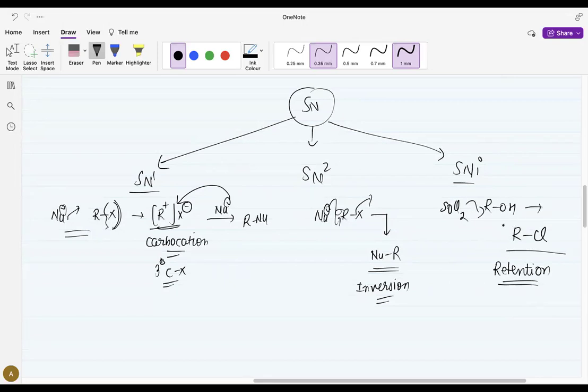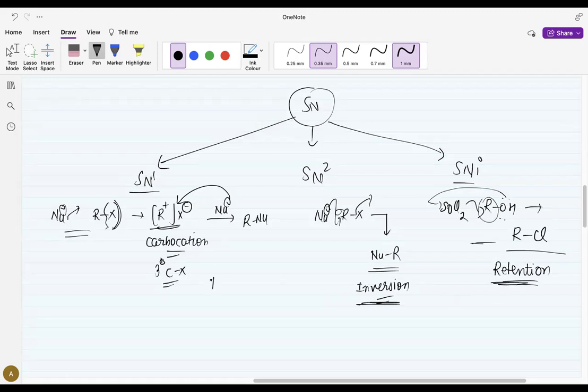I have told the mechanism today only. This OH will come and attack, SOCl will go, and then the internal Cl will go and attack on carbon. So always remember these three.